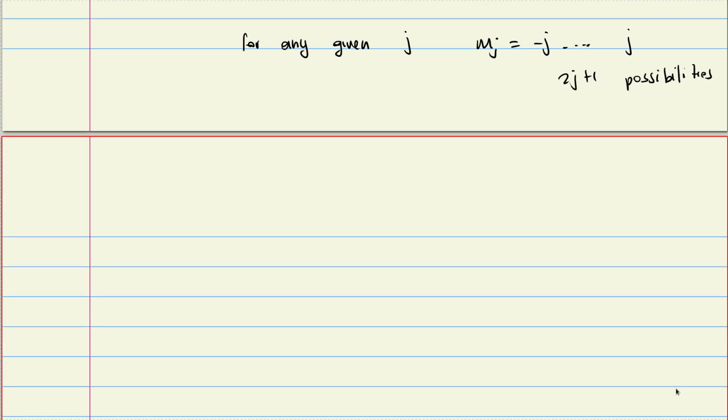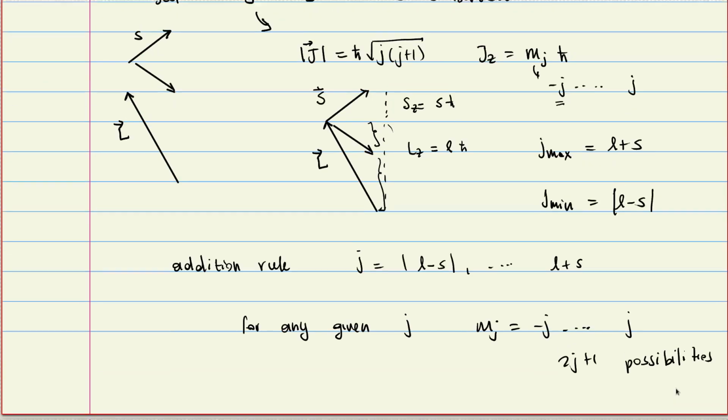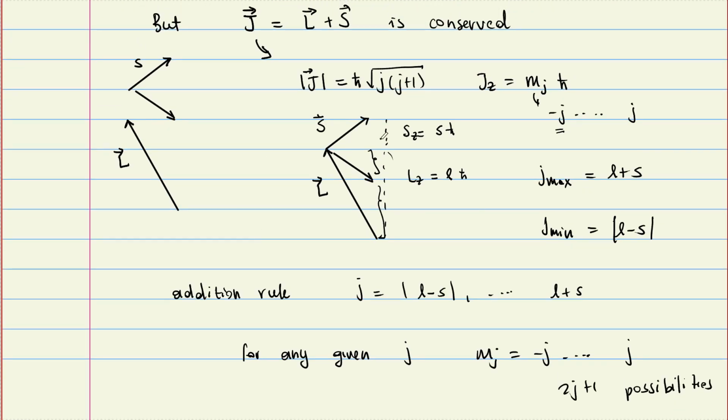Good? Yes? The maximum value for L and S happens when the vectors are in the direction of z, right? This is a little bit confusing because when we write like this, we make a big story of it. You cannot draw angular momentum like this.